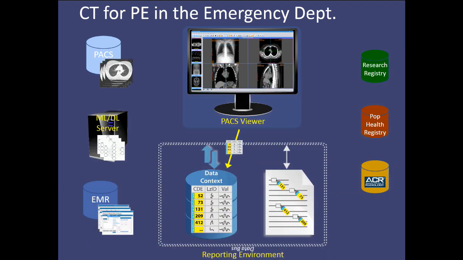And then when I do that, it can send the result of that interaction with me back into the data context of the reporting environment, which can then say, hey, the radiologist confirmed there was a PE on this.